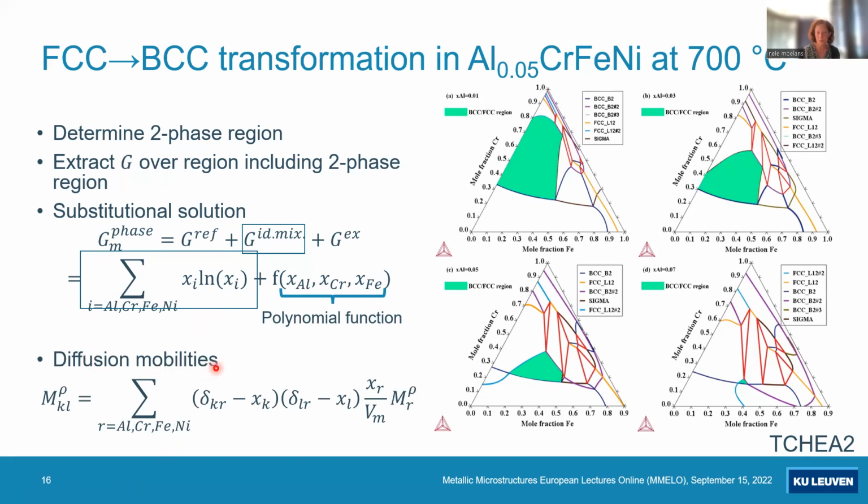For the diffusion mobilities, we were also lucky because the atomic mobilities turned out to be almost constant over this two-phase region. And so the composition dependence can be implemented in our phase field model using this expression. So in a very simple way, we had actually all the thermodynamics and all the kinetics that are available in Calphad databases.